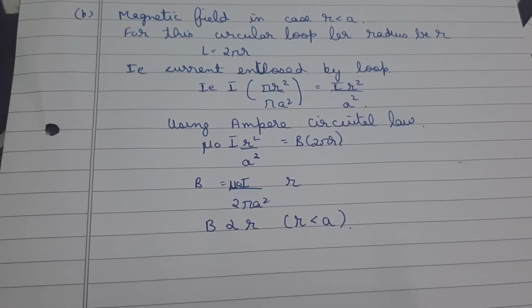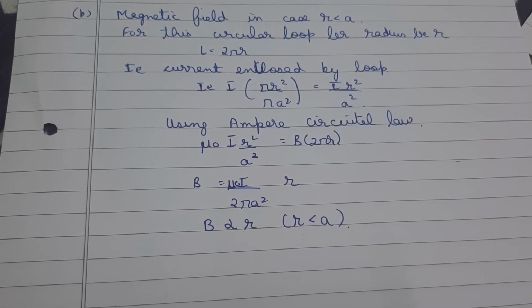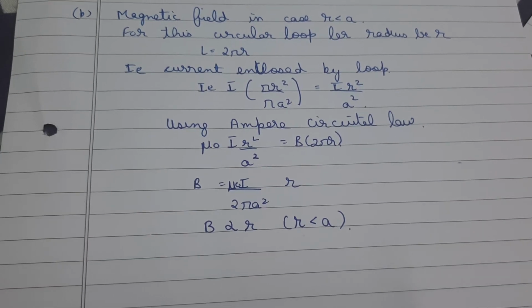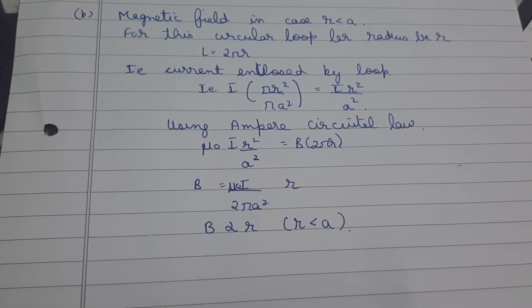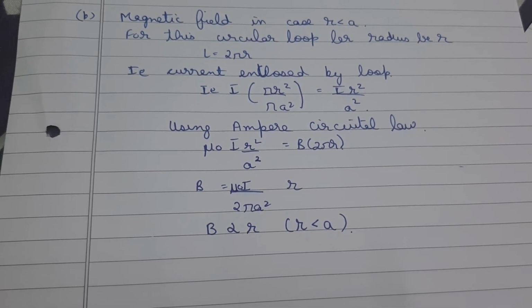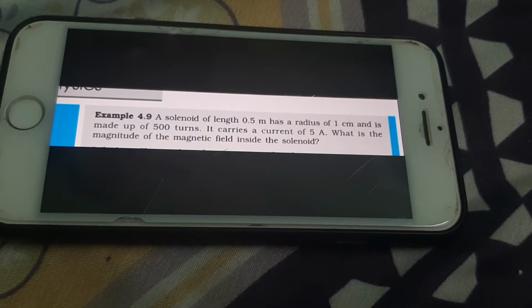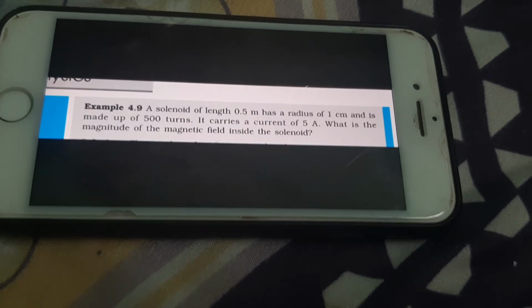Now we will apply Ampere's circuital law here. We will get the value of B as B is equal to mu naught I upon 2 pi a square, into r, which means magnetic field is directly proportional to r.